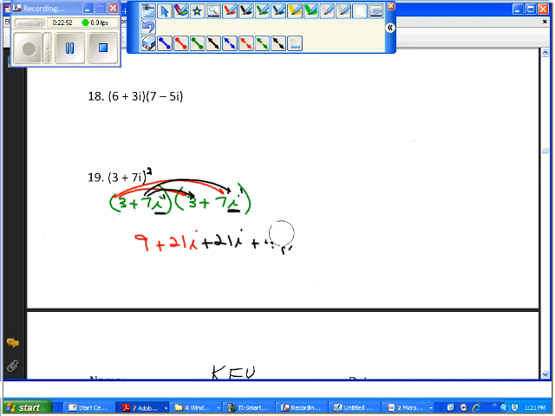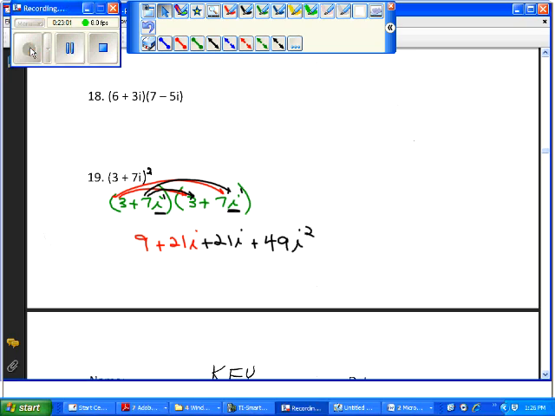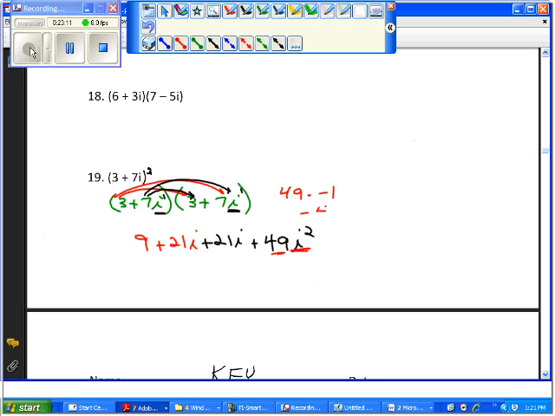I'm going to clean up my 49i squared. Now we realize that this i squared is a negative 1. And then we've got the 49, so we have 49 times negative 1, which is negative 49. So that little piece turns into negative 49.